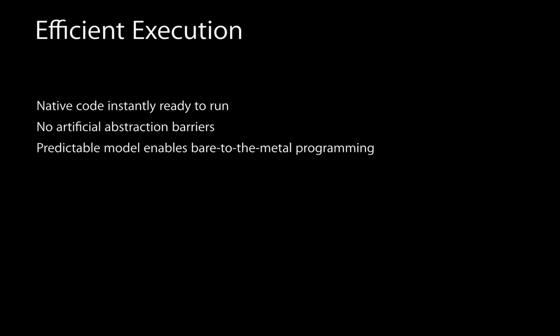And finally, it's really efficient. Swift generates native code that's ready to run as soon as you put it on a device. There are no recompilation or warm-up delays while your app launches. You're free to organize all of your high-level code in Swift into clean and easy-to-maintain abstractions using powerful things like generics.